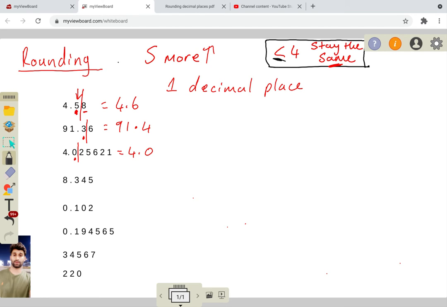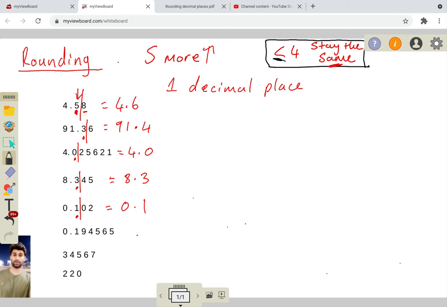Next, one number after a decimal. Draw a line. Is the number next to the line 5 or more? No, it's not. So this stays as 8.3. Okay. Next, one number after a decimal. Draw a line. Number next to the line 5 or more? No, it's not. So this stays 0.1.